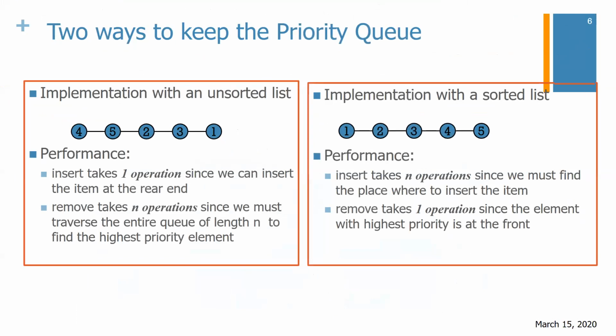We have two ways to keep the priority queue: the first way, an unsorted list, and the second way, a sorted list. For an unsorted list, we insert one element to the list with one operation.